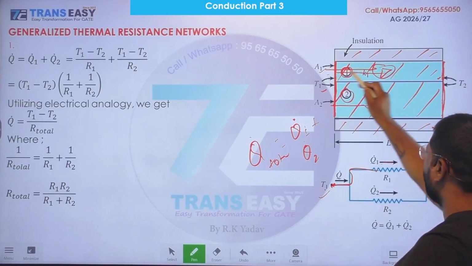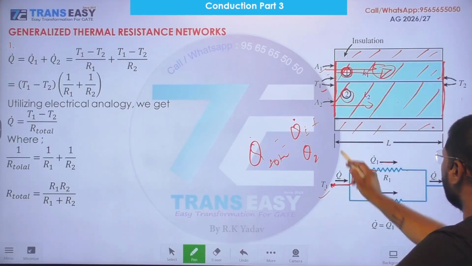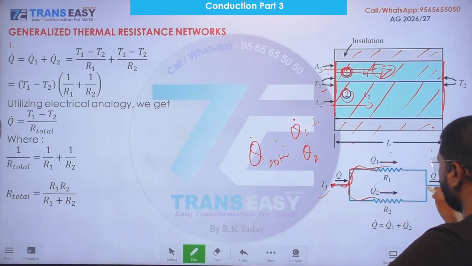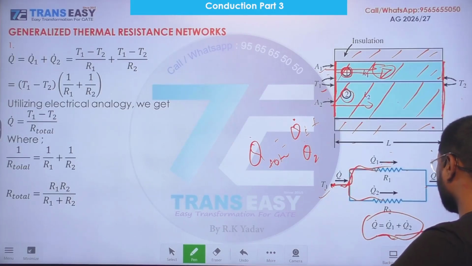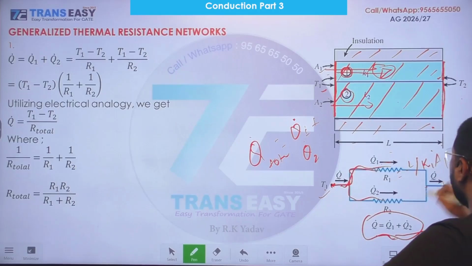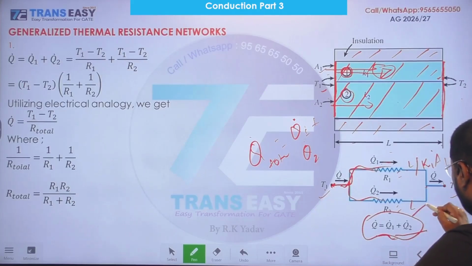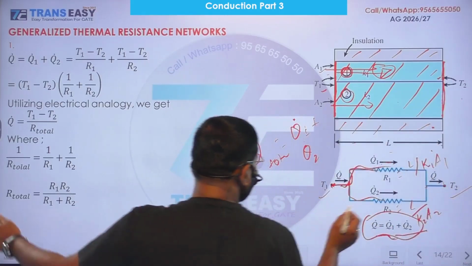This is experiencing the same temperature difference T1 minus T2 and this is also experiencing T1 minus T2. Both have thickness L. Q1 went from here, Q2 came from here, and they join again. So the total heat transfer rate from this side to this side can be written like this: R1 = L upon K1 A1, R2 = L upon K2 A2.